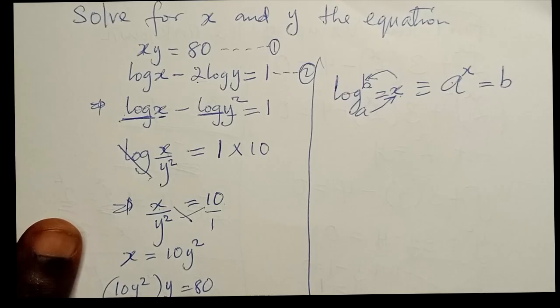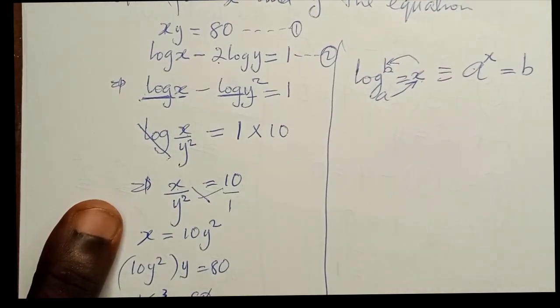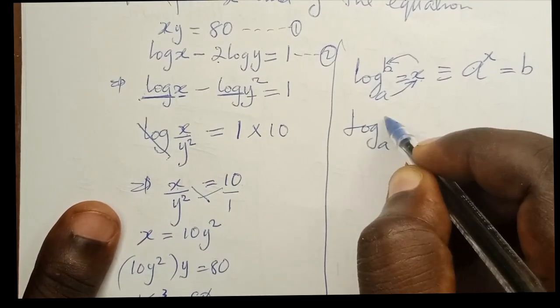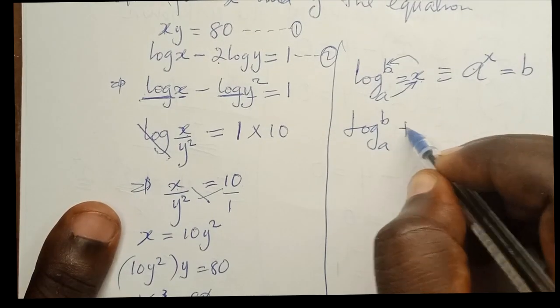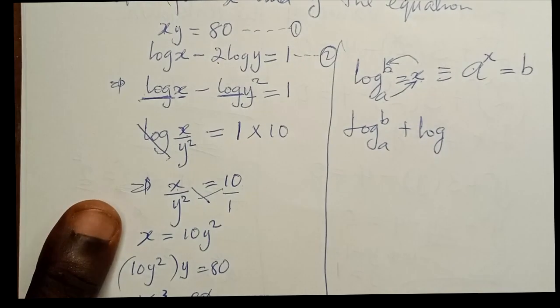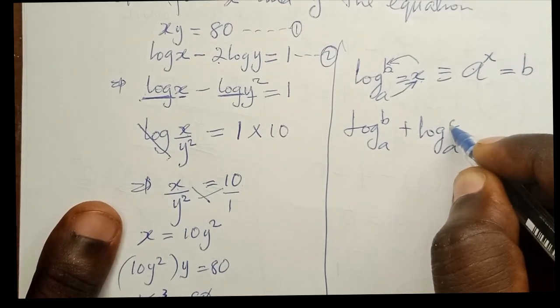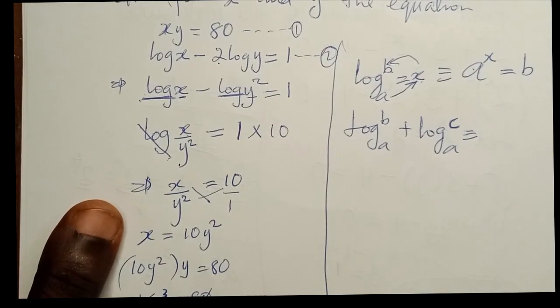And of course, the next one states that log of b, as an example, if it is being added to another log of c with the same base, then what we are going to have is a multiplication.